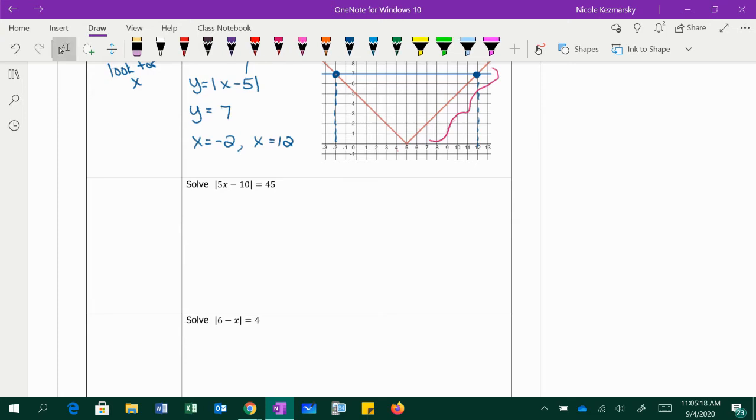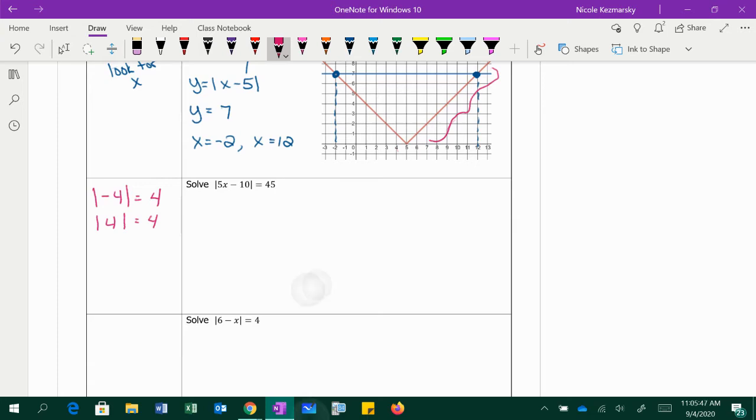I can take the absolute value of -4 and I get 4. But I can also take the absolute value of +4 and get 4. So I have to worry about how I am getting the 45 in this problem. Is it because what's inside the absolute value is positive, or because what's inside the absolute value is negative? There are two ways to get there.